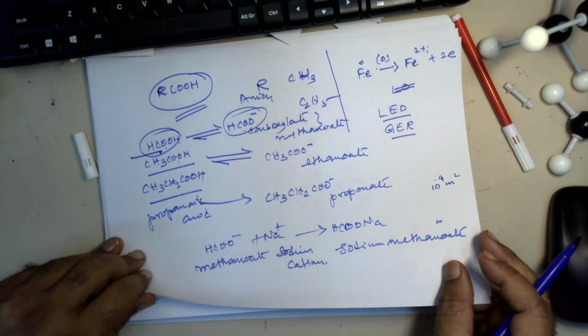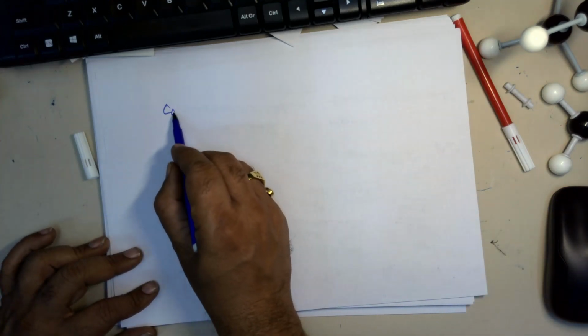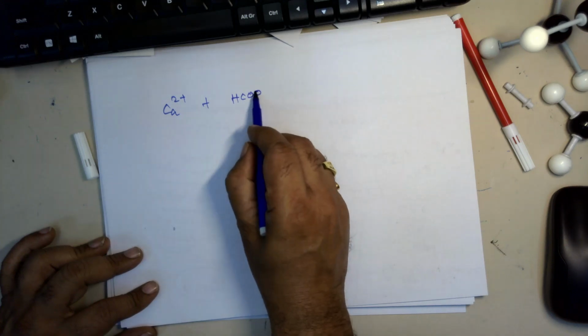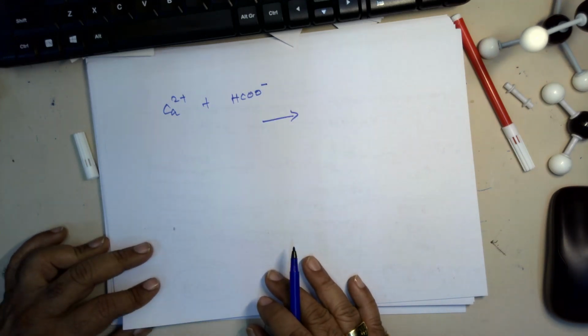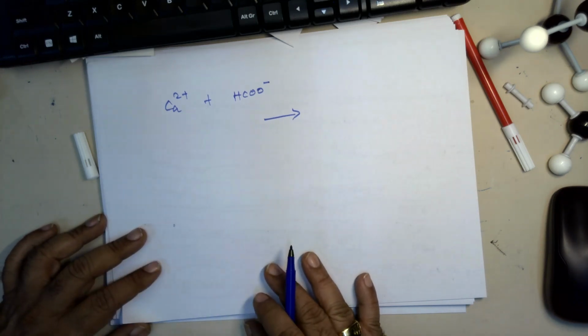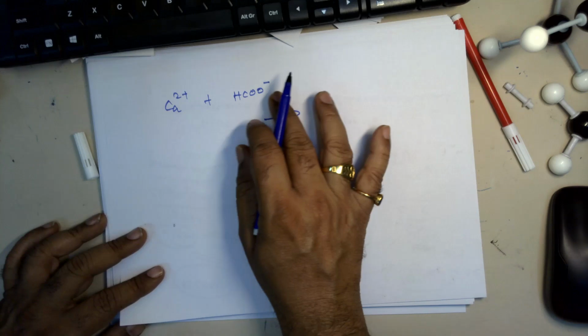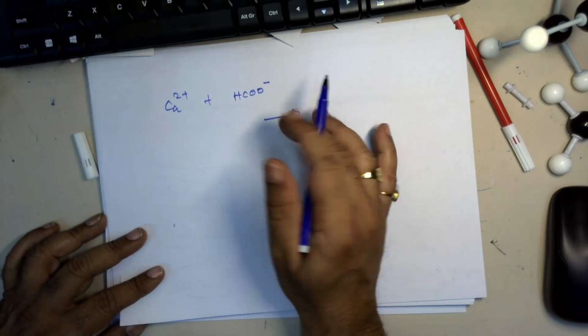Now let me give you one more salt. Try to answer this. I have Ca2 plus and let me combine this with HCOO minus. What should be the salt? What is the name of the salt? Calcium methanoate. What is the formula?